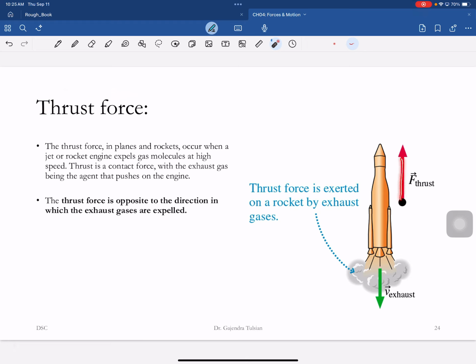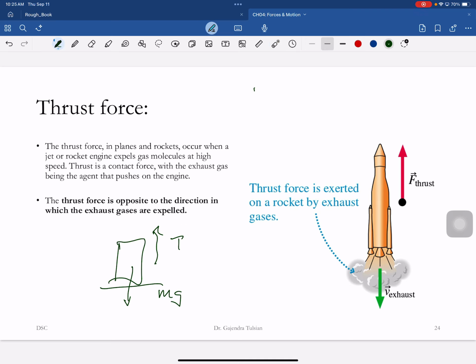Thrust forces. So generally for rockets, when a rocket is sitting on the launch pad, there's the weight, and that's preventing it from taking off. So you have to apply a thrust force. Generally, for rockets on the launch pad, the thrust force is about 1.7 times the weight of the rocket.